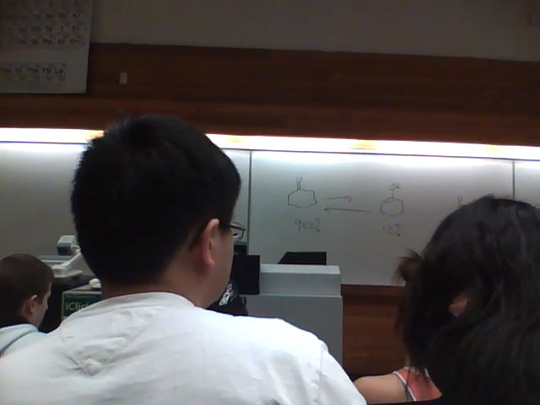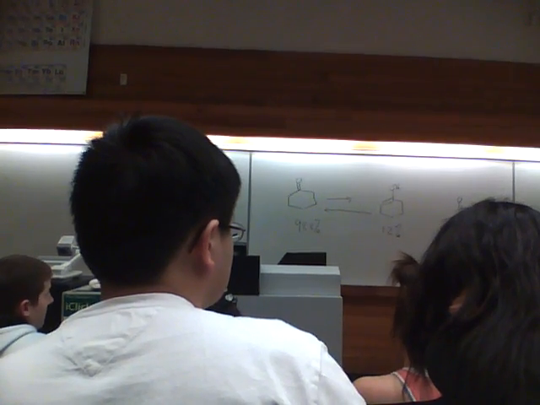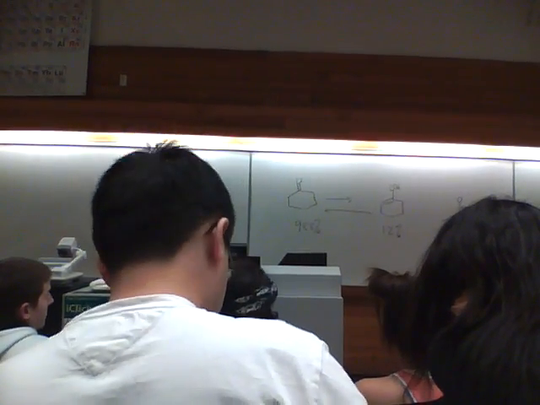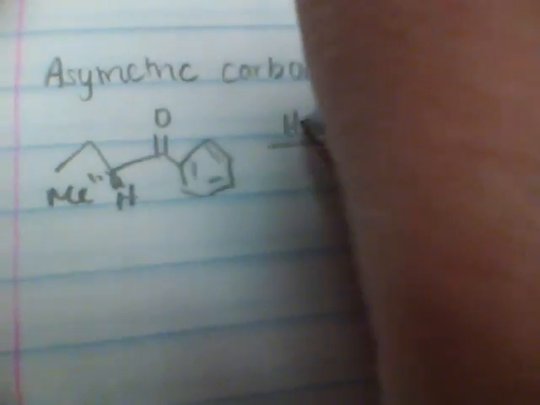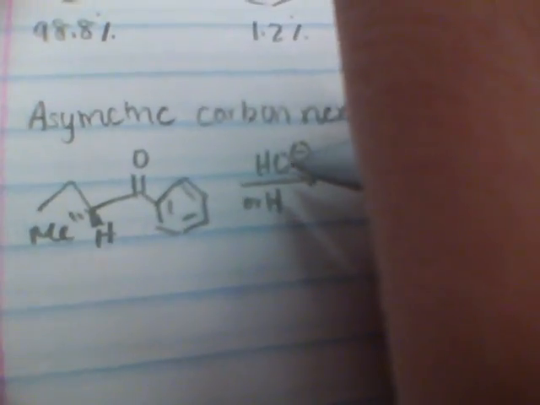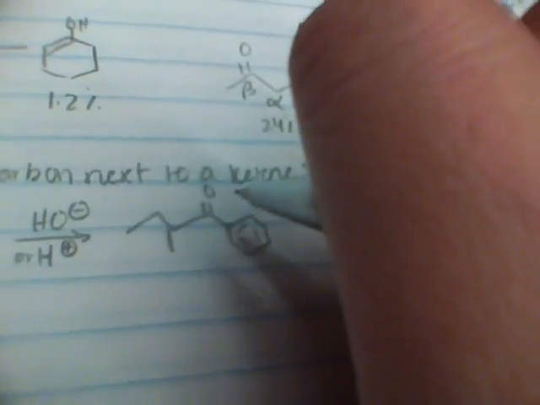Supposing you treat that with an acid or a base, what you will find is that you end up with the racemate. So you start with a single enantiomer, and you treat it with an acid or base, you end up with the racemate.